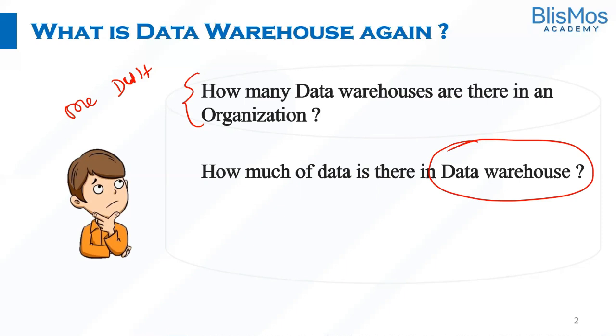If you remember, we are getting the data from heterogeneous sources, subjecting it to transformation and loading it. So we do have millions of records belonging to different subjects like sales, product, account, policy. You will have data related to different subjects as a part of the data warehouse.